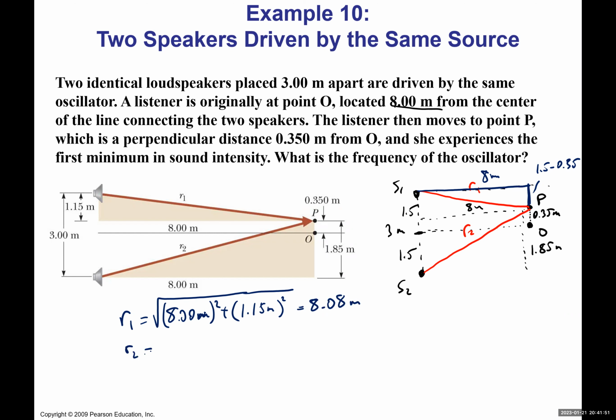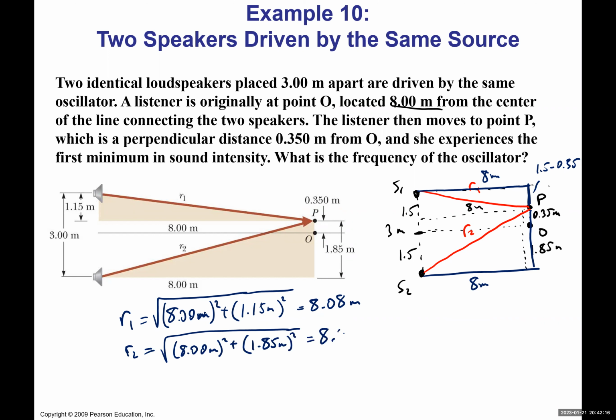Same way we calculate R2. Here it's 1.5 plus 0.35, so it's 1.85. This is still 8 meters, so it's the square root of 8 meters squared plus 1.85 meters squared.